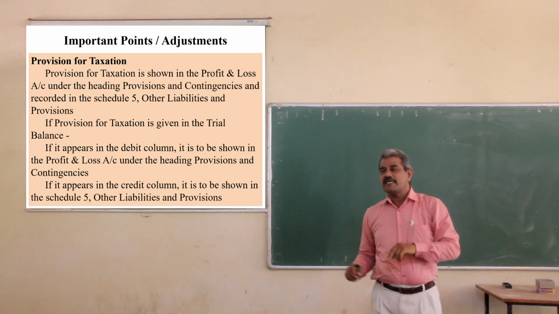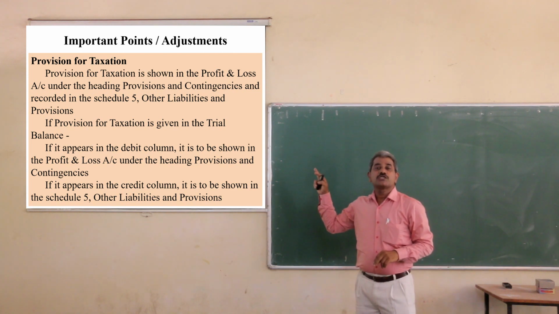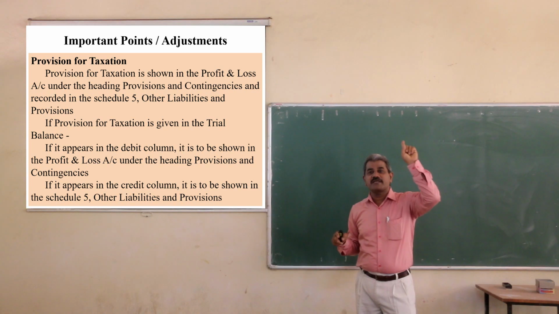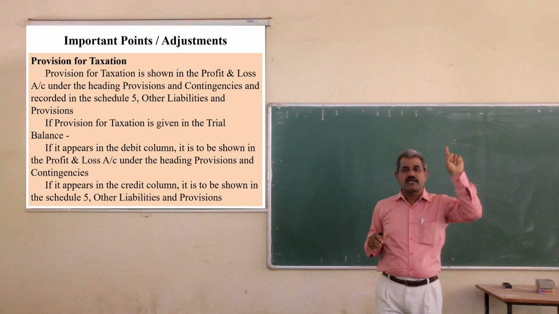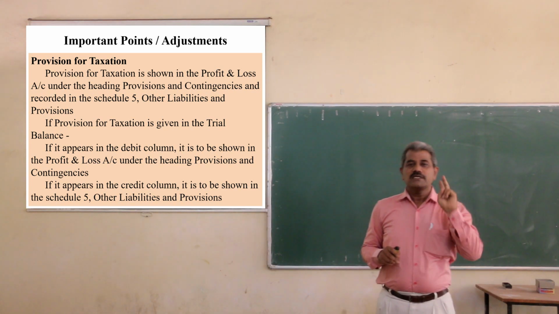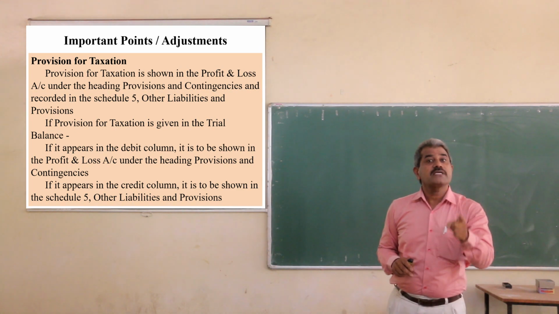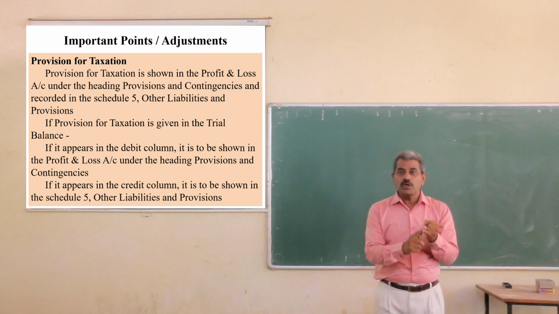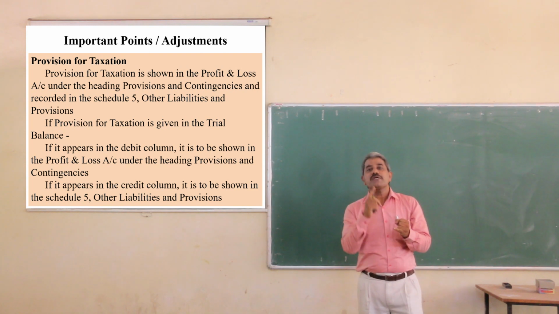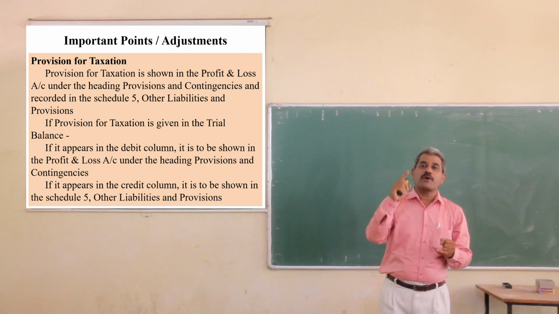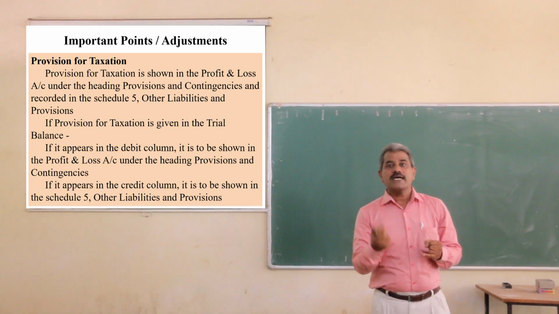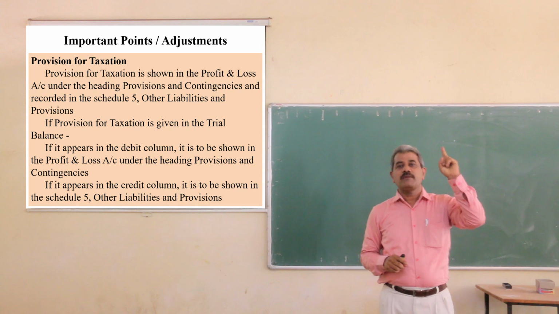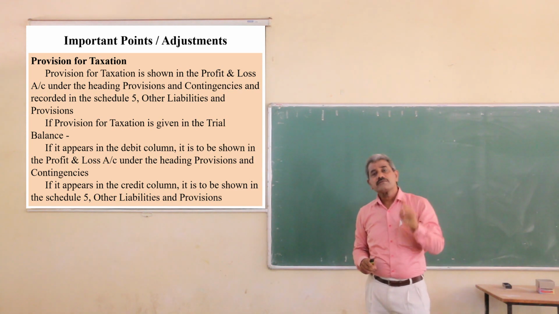And second effect is it is shown in the schedule number 5, other liabilities and provisions. See again the two effects if it is given in the adjustment. Provision for taxation is shown under the heading provisions and contingencies in the profit and loss account. And second effect it is shown in the schedule number 5, other liabilities and provisions.